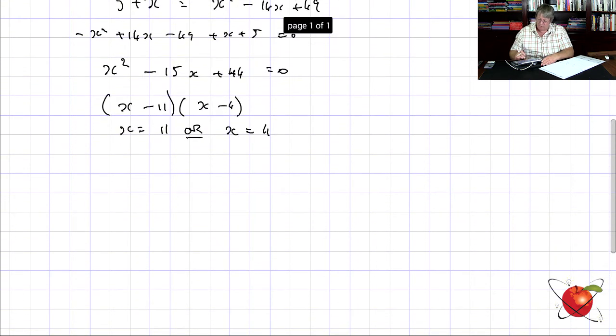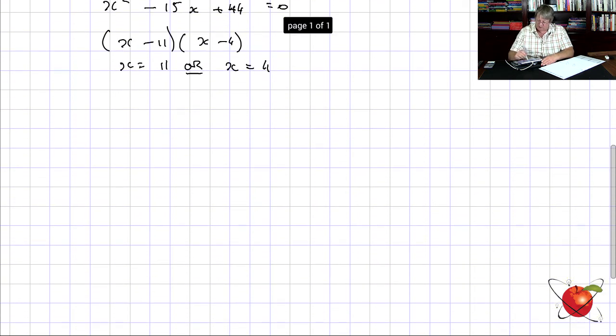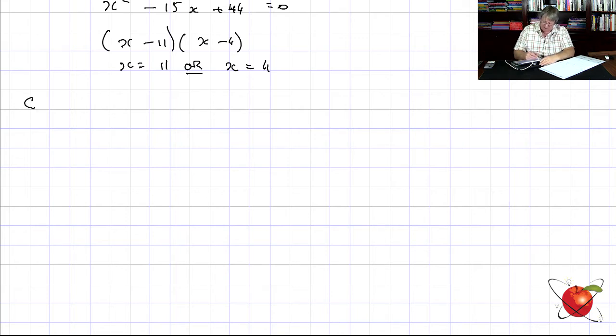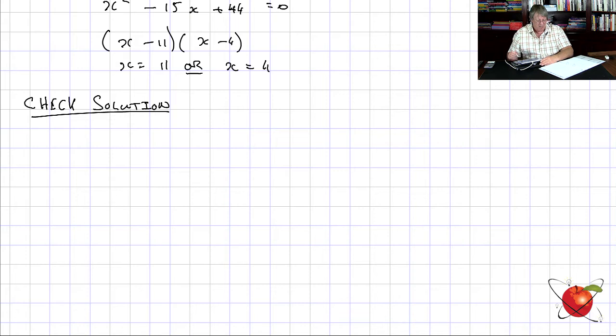Now, remember with the exponential equations, where we had to raise to a power, like the minus a half, we had to raise to the minus 2 to get rid of it. You check the solution. How do we check the solution? Well, left-hand side, put the answers in.